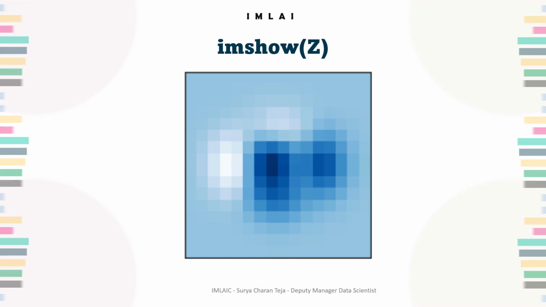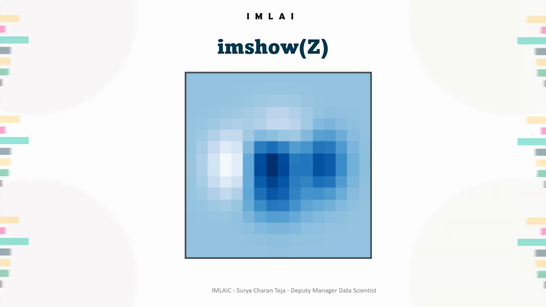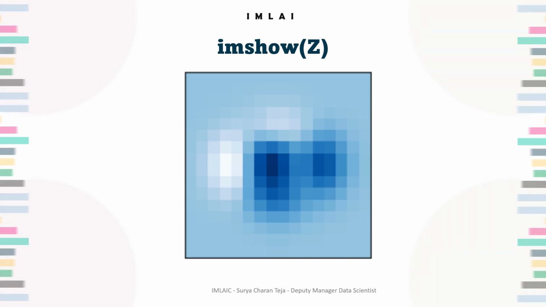The input may either be actual RGB data or 2D scalar data, which will be rendered as a pseudo color image. For displaying a grayscale image, set up the color mapping using parameters such as cmap equals gray, vmin equals 0 and vmax equals 255.